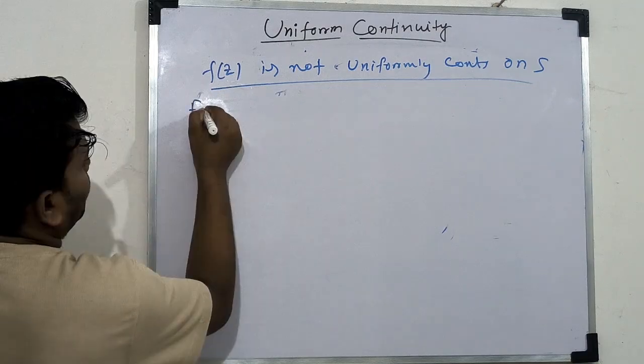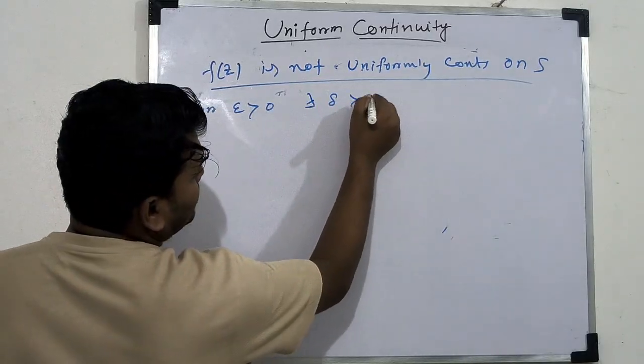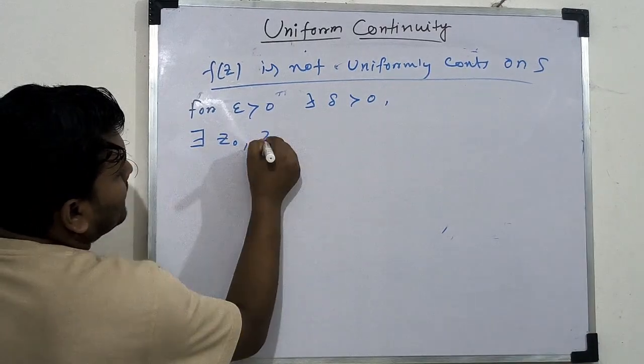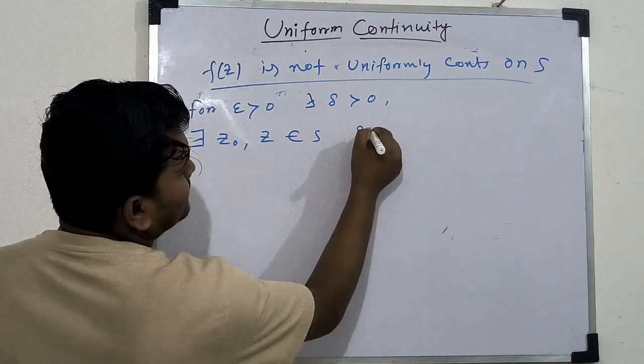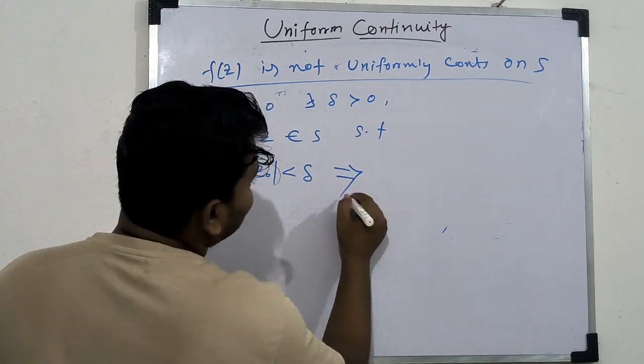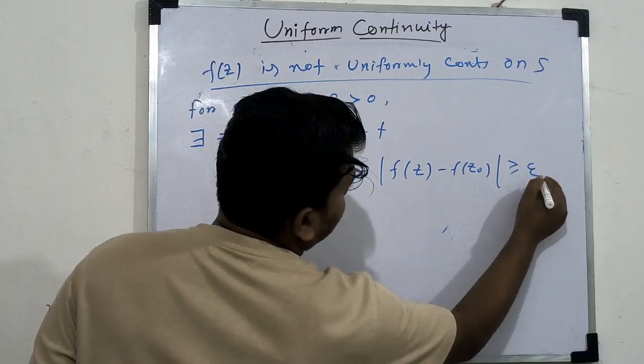f(z) is not uniformly continuous on S. This means for any epsilon greater than 0, there exists delta greater than 0, and if you can find z0 and z from this set such that whenever this inequality holds, this implies |f(z) minus f(z0)| greater or equal to epsilon.